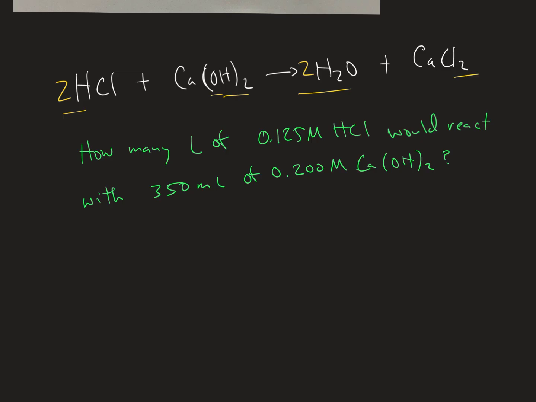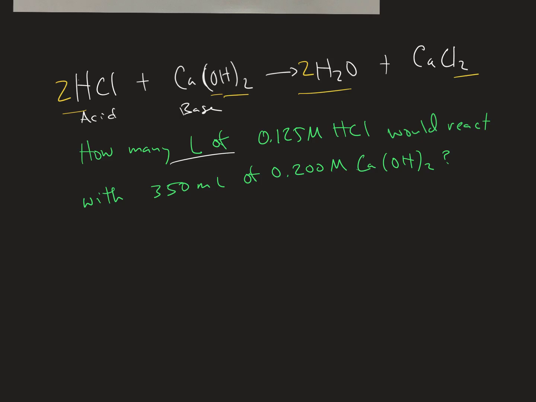Okay, what are we looking for? Volume, right? Liters of my acid. Can y'all see that this is my acid and this is my base? Okay, so we have to be able to do that.